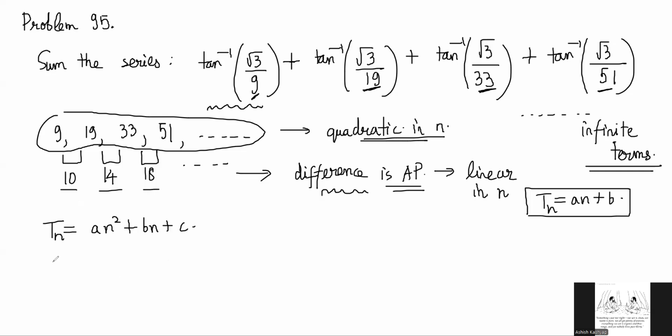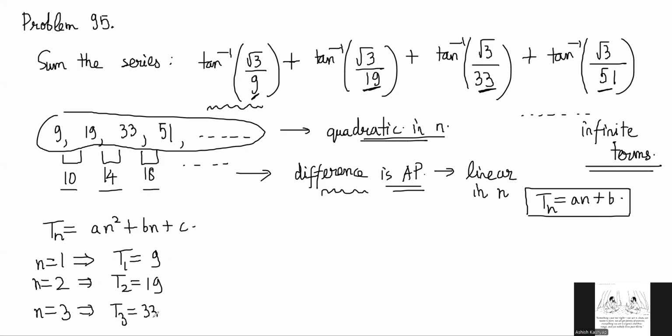Now I have data where n is equal to 1 implies t1 is 9. N is equal to 2 implies t2 is 19. N is equal to 3 implies t3 is 33, and I also have n is equal to 4. But these three together are enough for us to solve for a, b, and c.